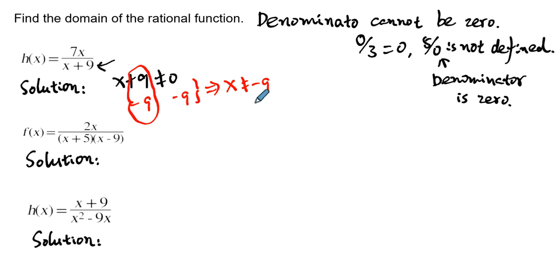That means from negative infinity to negative 9, with negative 9 not included, so here is a round bracket.